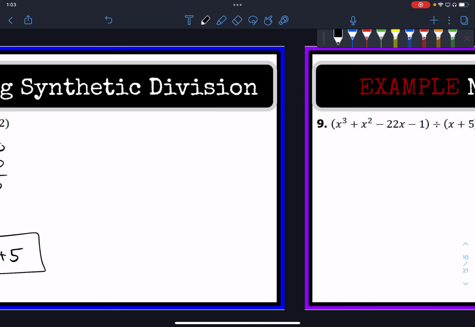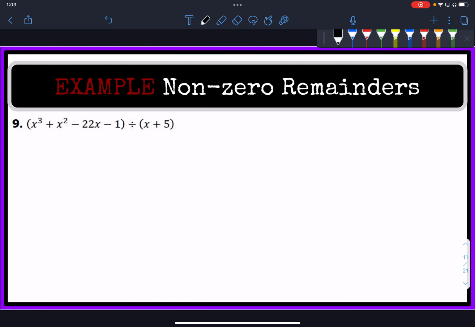Now, if my remainder is not 0, then I just simply add that. Again, first recognize that you can use synthetic division. Here we have x plus 5, so I can use synthetic division. So I put negative 5, that's what I'm subtracting from the x. I'm subtracting a negative 5 since it's positive 5. I have 1, 1, negative 22, and negative 1.